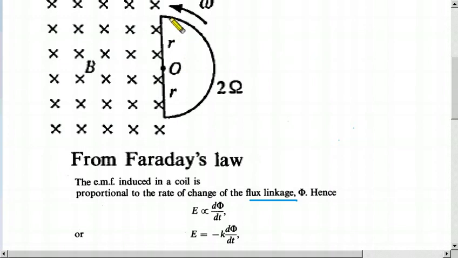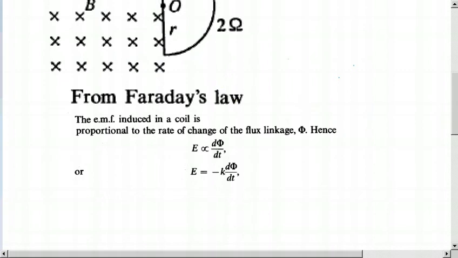So this circular part of this loop, when it rotates, just goes through these flux lines, but the flux lines do not get cut by the conductor. Therefore it doesn't influence, only this part influences this problem. So therefore we have to consider this law.